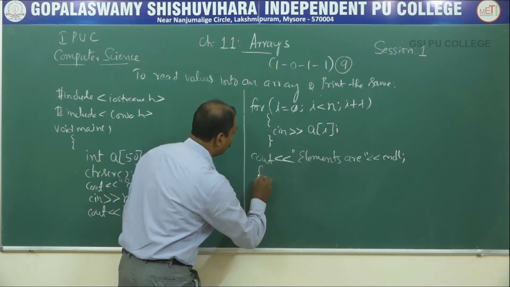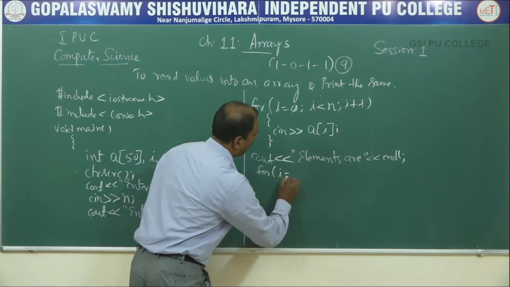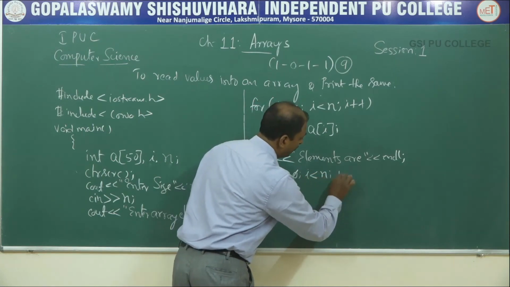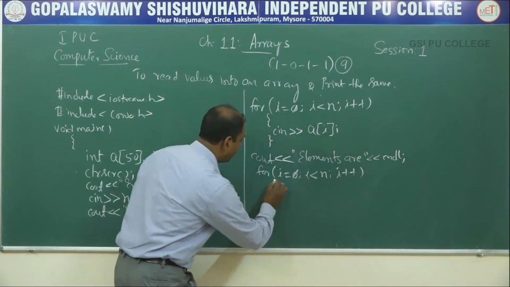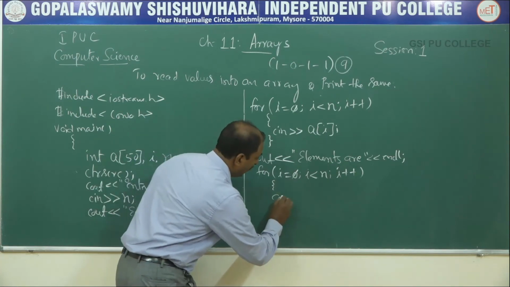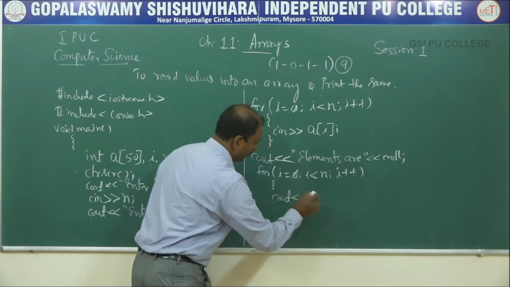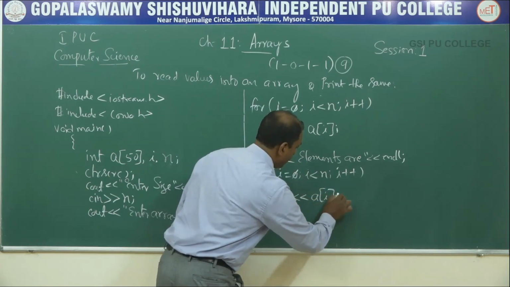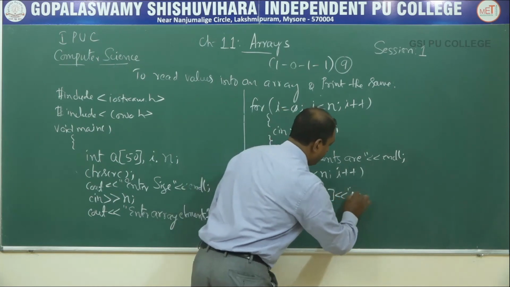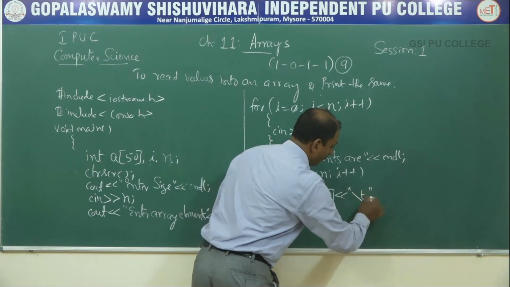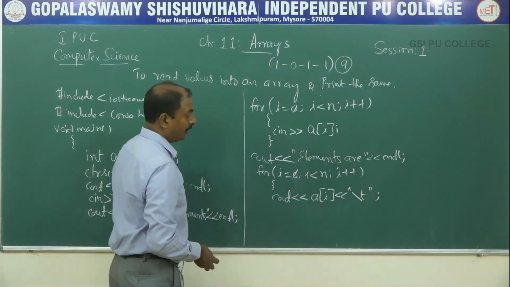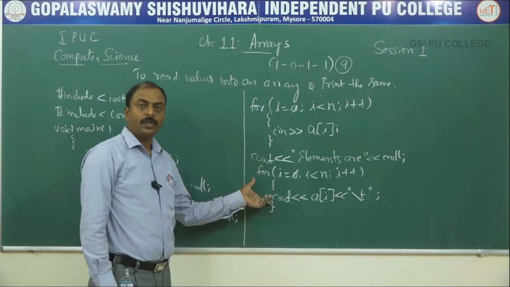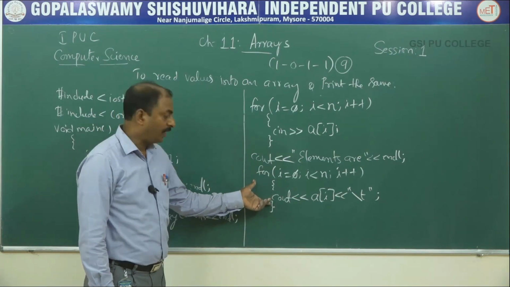Now we make use of a for loop: for i equal to 0, i less than n, i plus plus, here cout a[i], and here backslash t and semicolon. Next we close this loop. So this is a for loop to print the elements of an array.